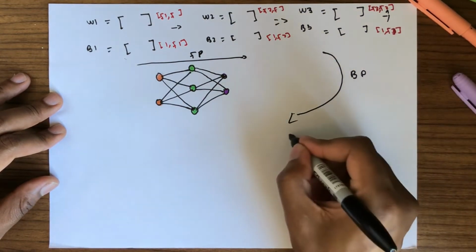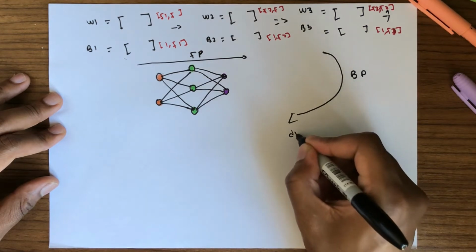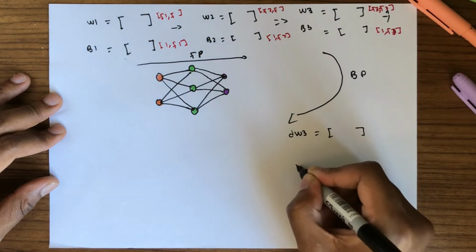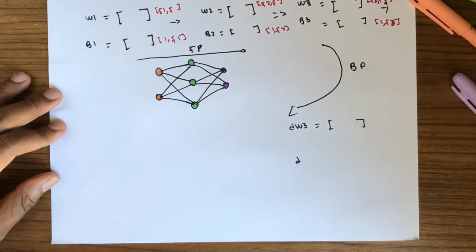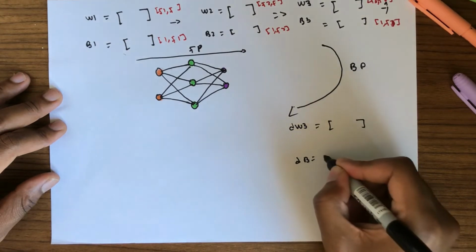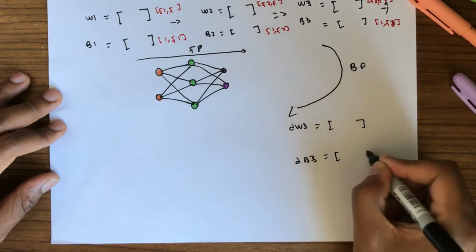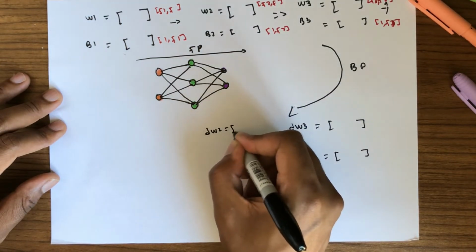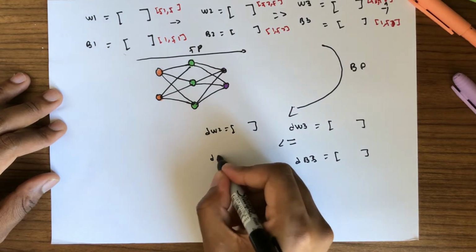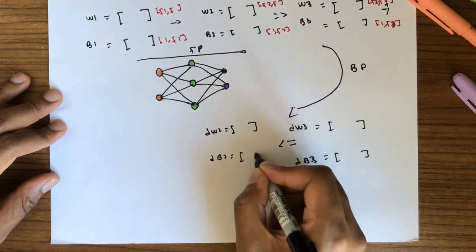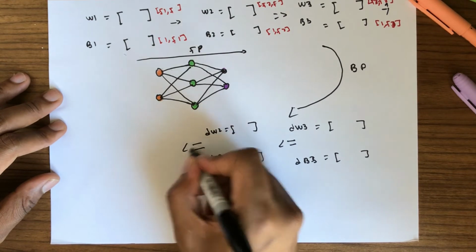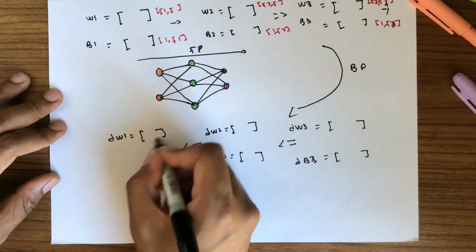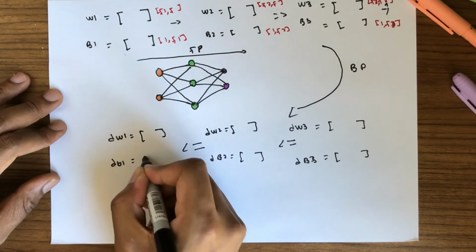In backpropagation, we calculated dW3 and also dB3, right? We also calculated dW2 and also dB2. We also calculated dW1 and dB1.